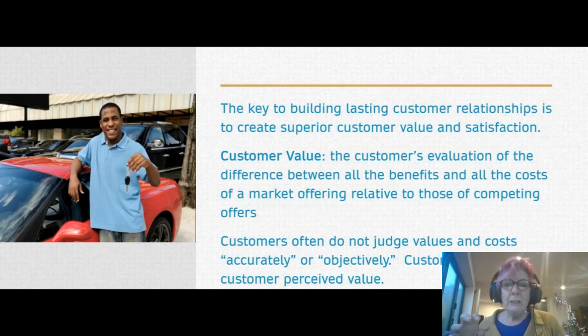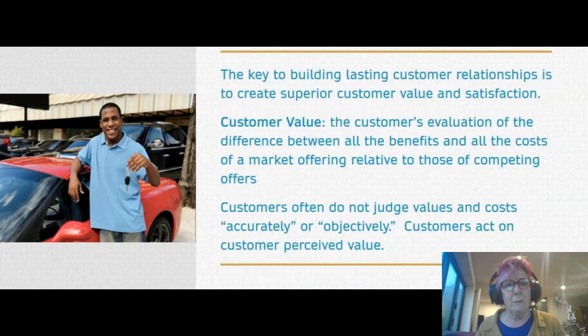And one thing that businesses need to bear in mind here is that customers often don't judge values and costs very accurately or scientifically. Customers act on perceived value. In other words, what they think they're getting, what they think the benefits are. And this is an important thing for businesses to remember.